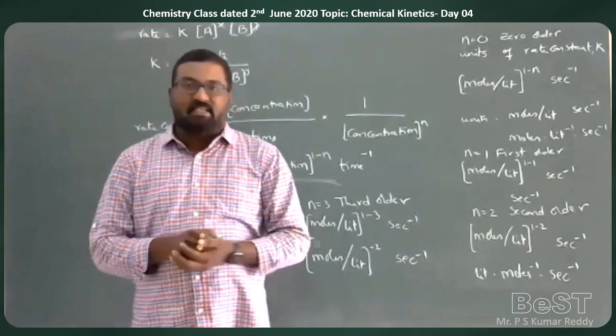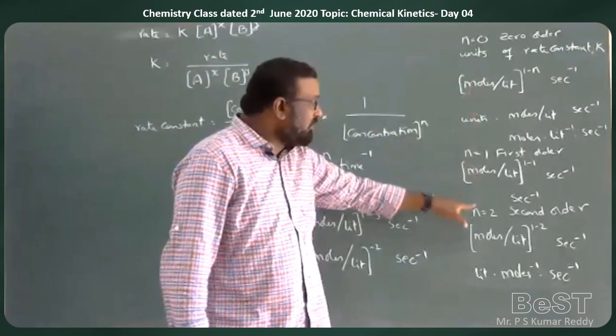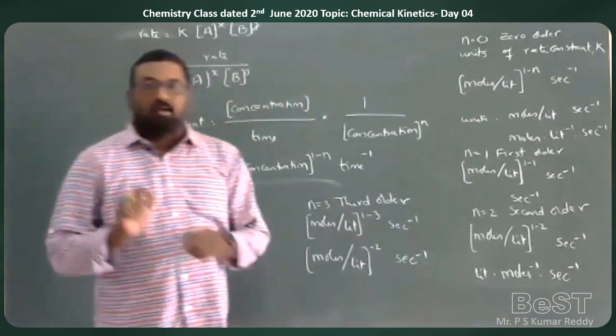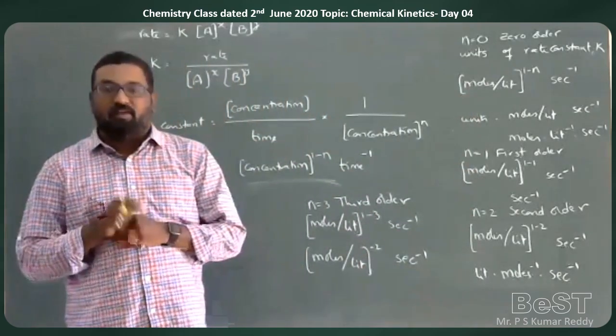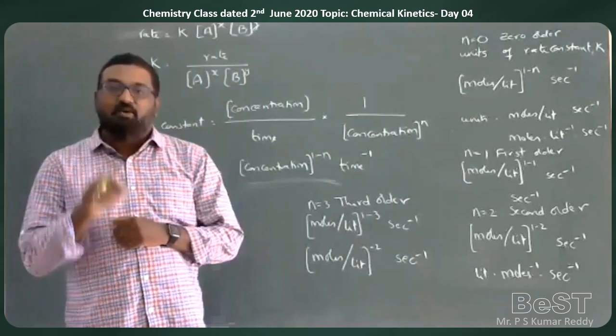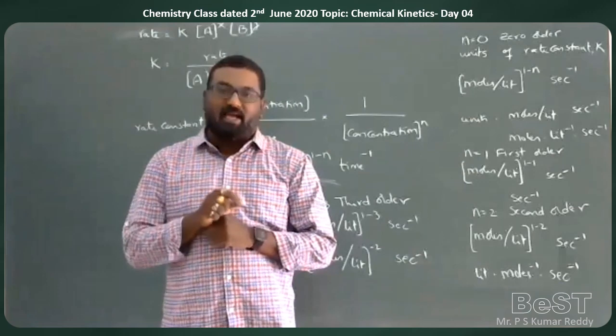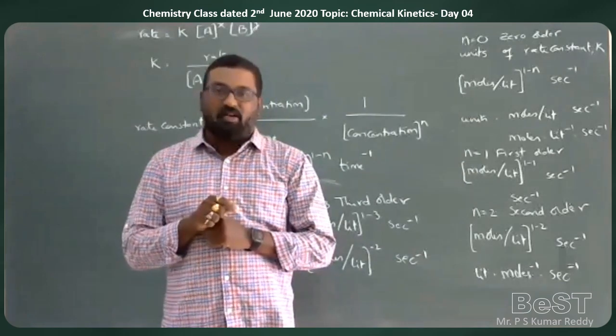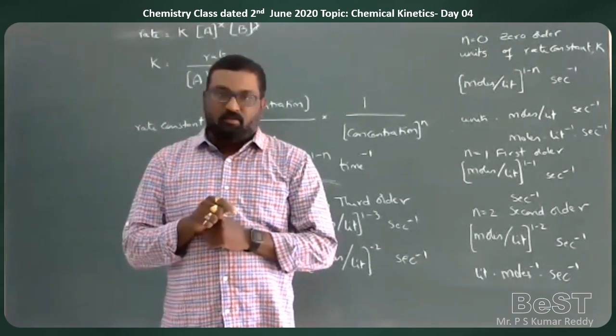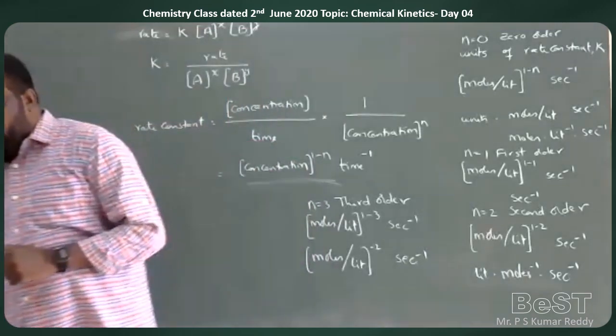In such cases, by seeing the units given to the value, we can find out the order of that reaction. Okay, so let us see one or two problems on this.